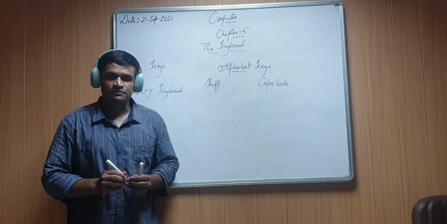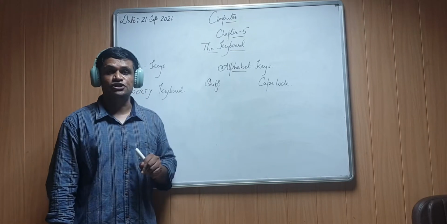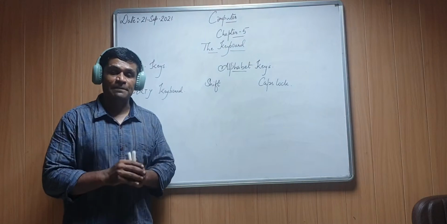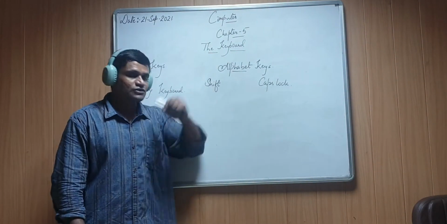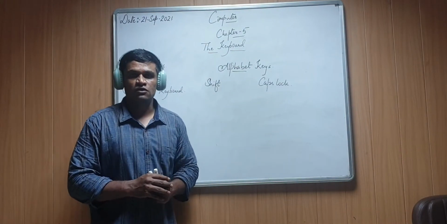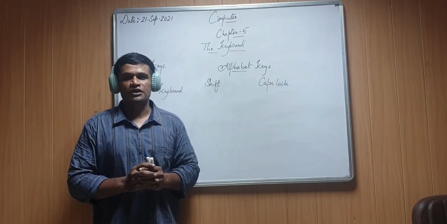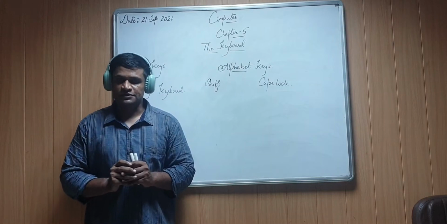While using the shift key, we have to keep pressing it, then only the capital letters will be typed. Whereas in case of caps lock, you just press it one time and the caps lock key gets on. Once caps lock is on, whatever you are typing will be in capital letters.